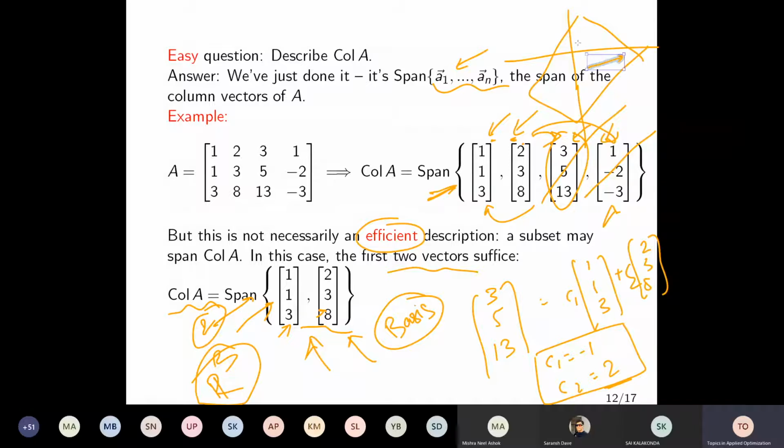So the 1, 1, 3 vector and the 2, 3, 8 vector are in R3. But if you span them, they form only a plane. So the vector space dimension they create is only 2, because you have only 2 degrees of freedom, you can think of.